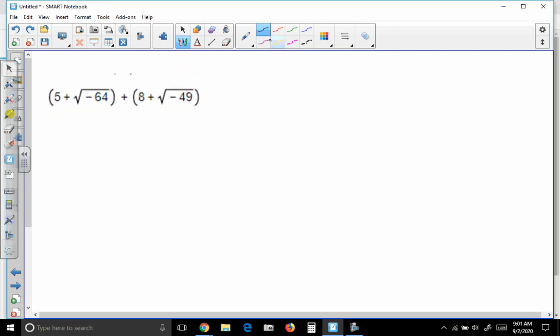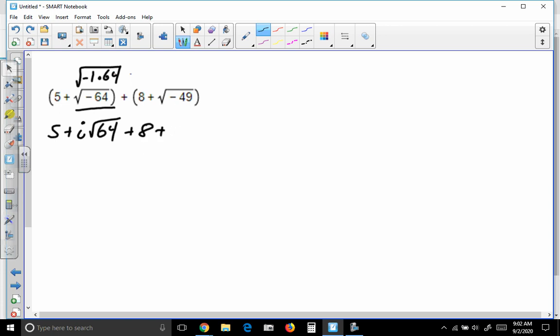Here's another one that we can do, and we need to simplify our radicals first and then see if we have any like terms. Writing all the steps that we did on the first problem of breaking that apart in terms of negative 1 times 64. If we have a square root of it, we know that's going to be a positive value.